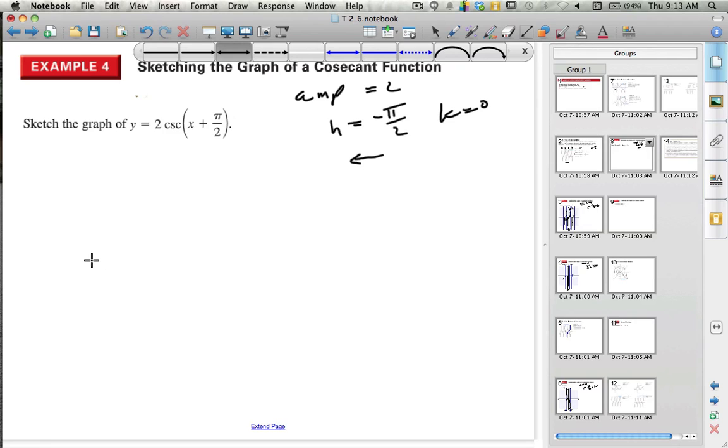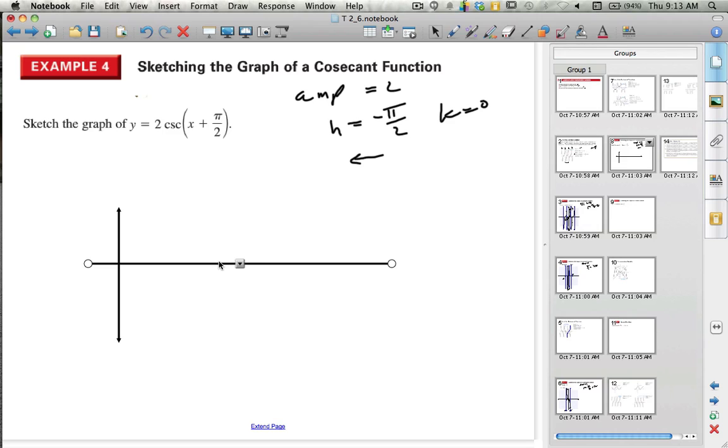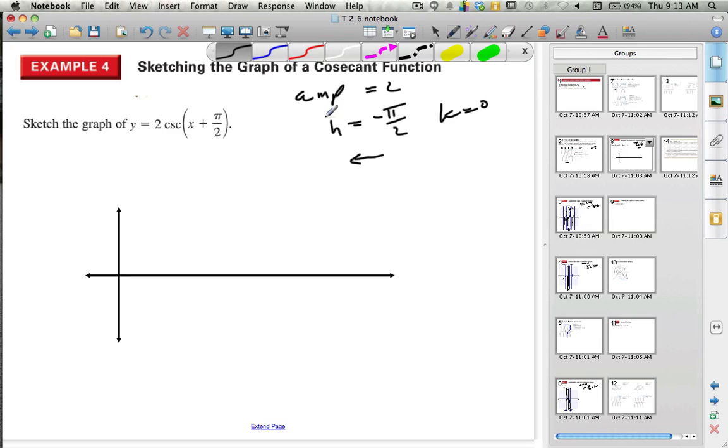So let me drop in some lines here. Okay, so I'm just adjusting this to get ready to sketch the sine function. So I'm going to sketch a number of different things, and I'm going to do my final graph in black.